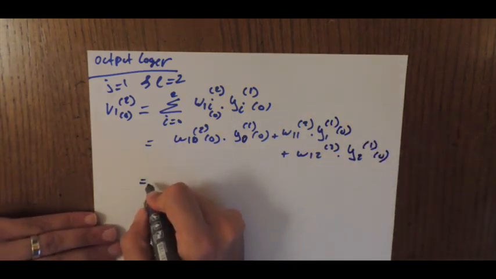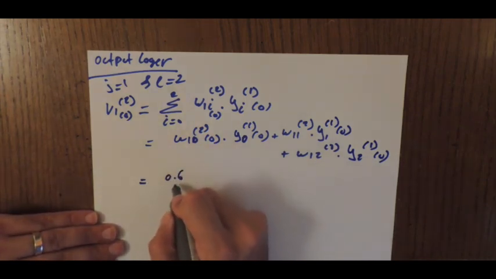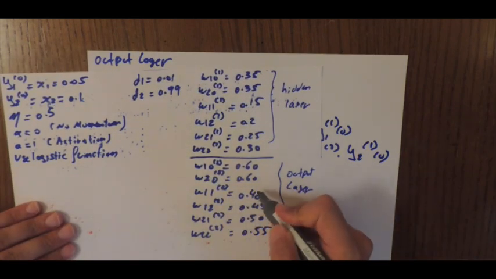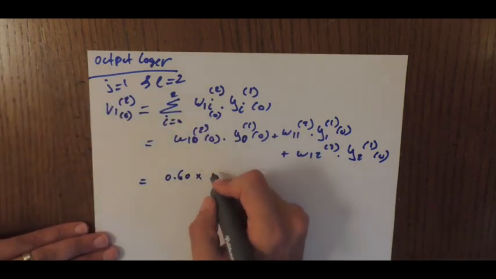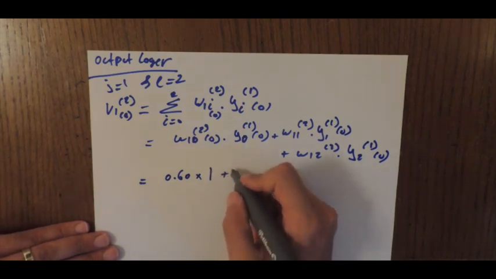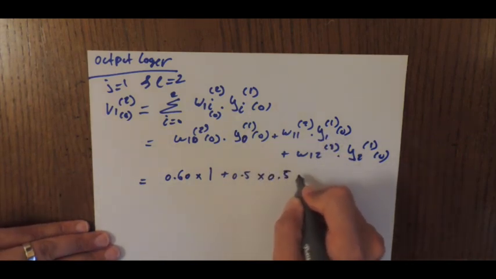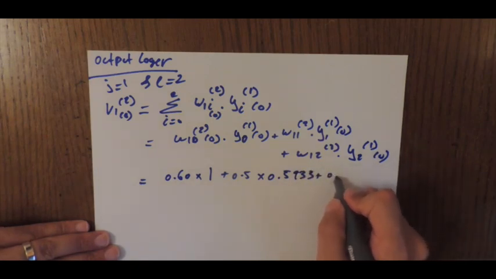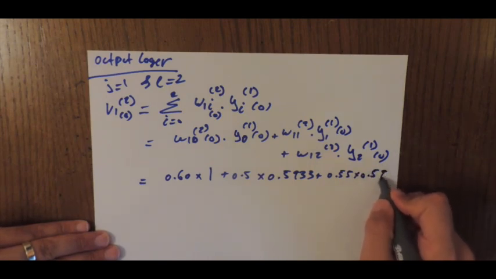So this will be equal to, if you look at the inputs, these are the weights for the output layer: 0.60 times 1, the bias, plus 0.5 times the first one that we computed, which is 0.5933, plus 0.55 times 0.5969.